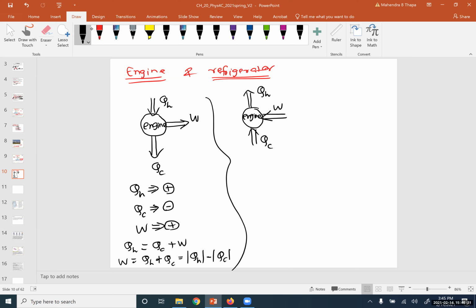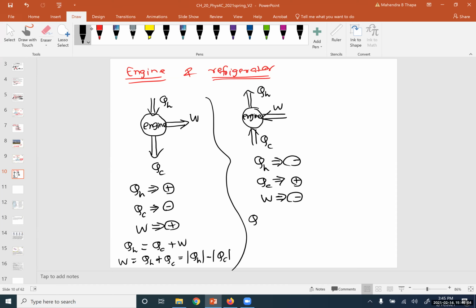In this case, QH is minus, and QC is plus because heat is going inside the system, and the work done on the system has a minus value.